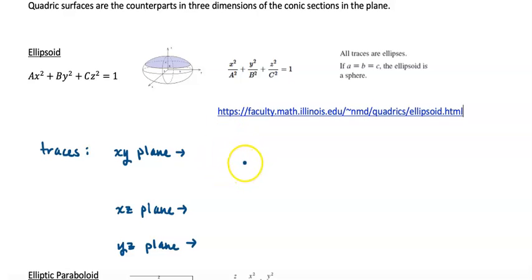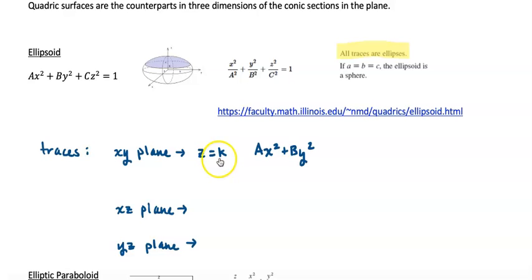On the xy plane, what that means is that we're going to represent this missing variable z with some constant k. If z is equal to k, then we can write this trace as ax squared plus by squared plus ck squared.